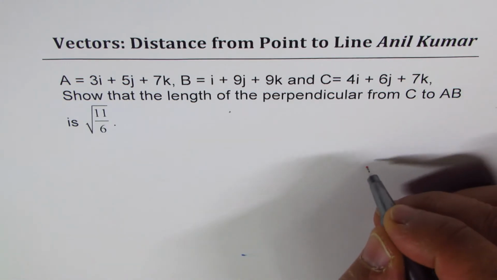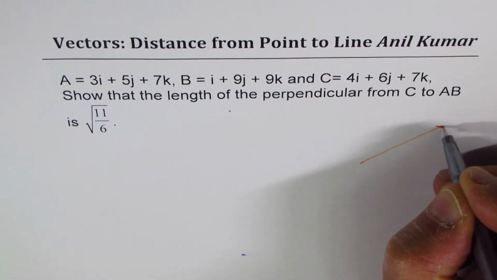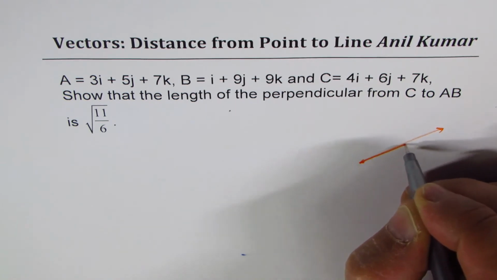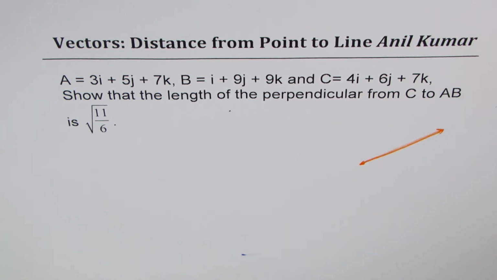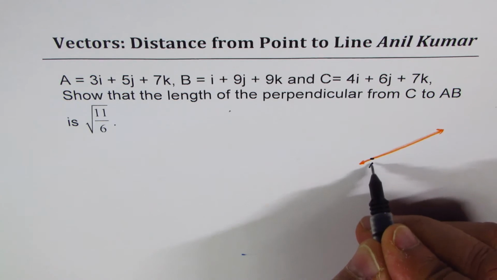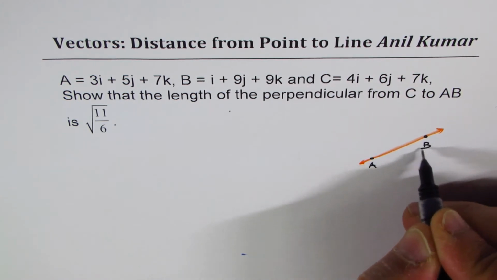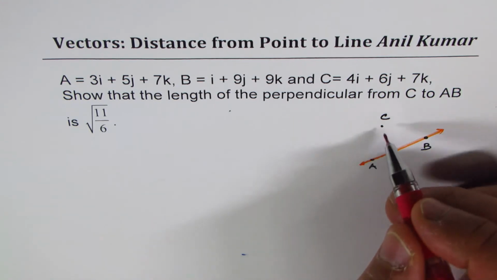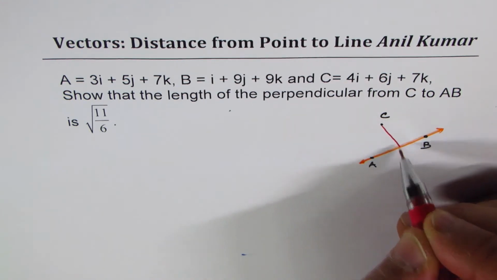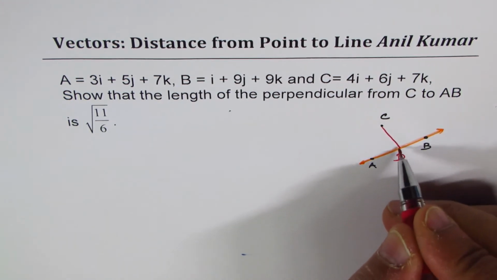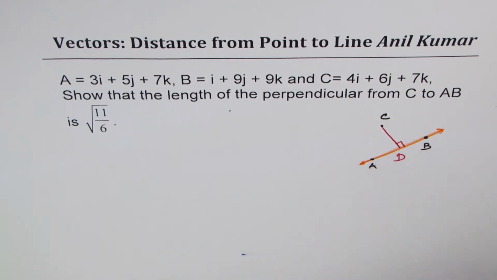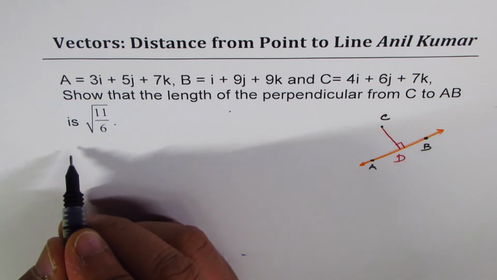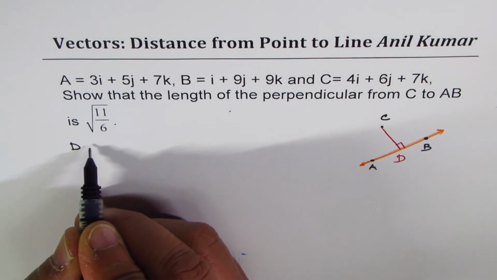So what we just found was that if there is a line AB, let's say this is A and this is B, then we know there's a point C here, which is not on the line, and we also found the point D, the foot of the perpendicular.